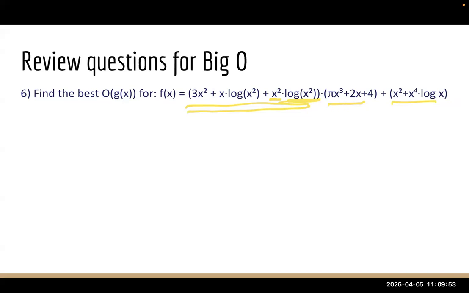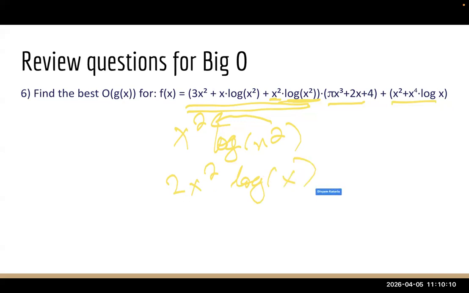Why is that? x squared log of x squared can be rewritten as the 2 goes forward, so 2x squared log x. Now, you see, this has the highest x component, and this also has log x. This has log x squared, but when the 2 comes forward, it'll just be 2x, not x squared.